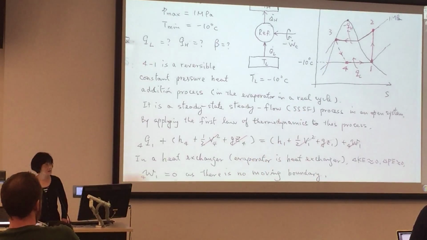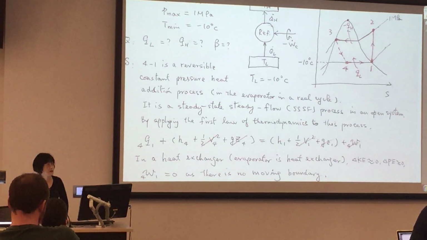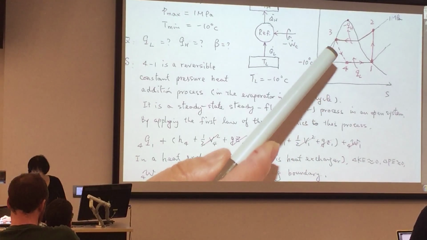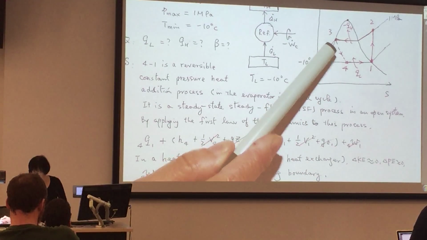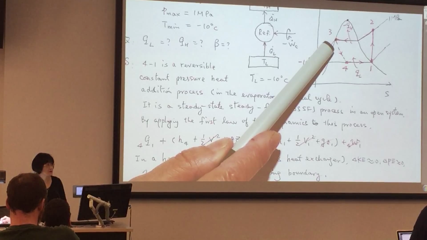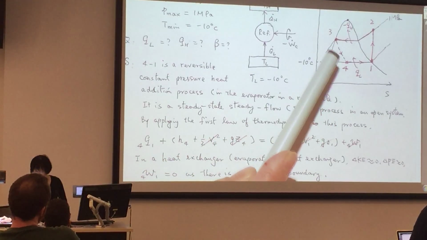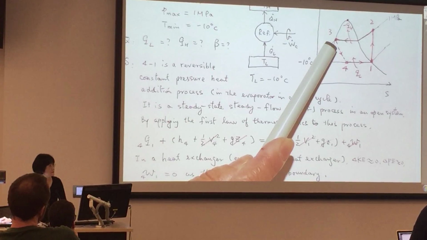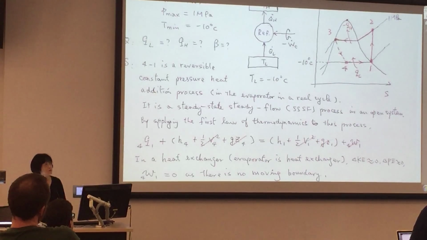In a standard refrigeration cycle, say we idealize the refrigeration cycle, at the end of the condensing process, it's saturated liquid. We know the quality is 0, and we know the pressure is 1 megapascal. That's right? Yes?